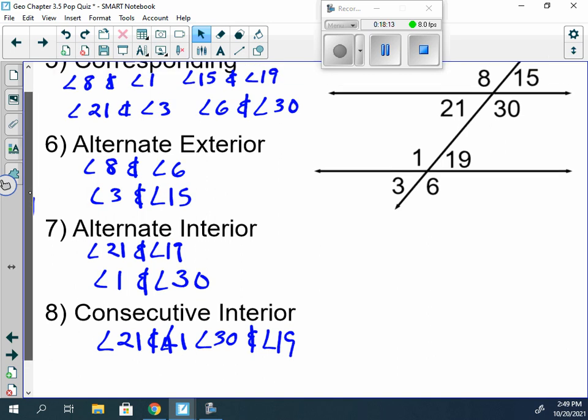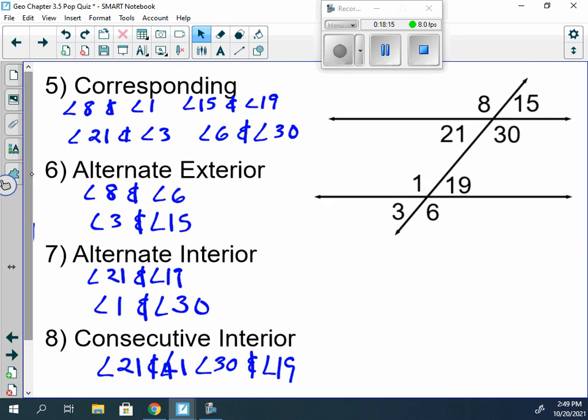Now, guys, with these here, corresponding, alternate interior, alternate exterior angles, pairs of angles. Focus up here. If the two lines are parallel, what do we know about corresponding, alternate exterior and alternate interior angles? They are congruent, because the corresponding angles are congruent if the lines are parallel.